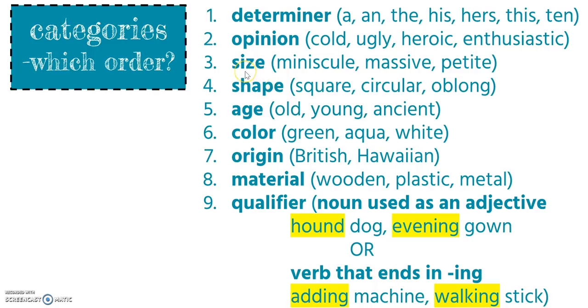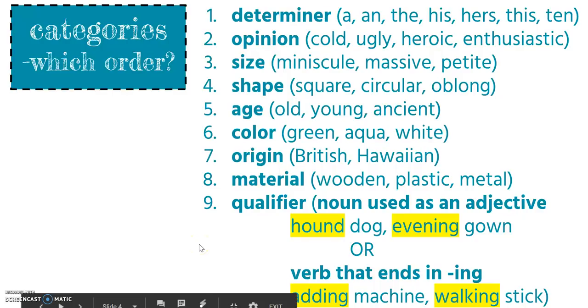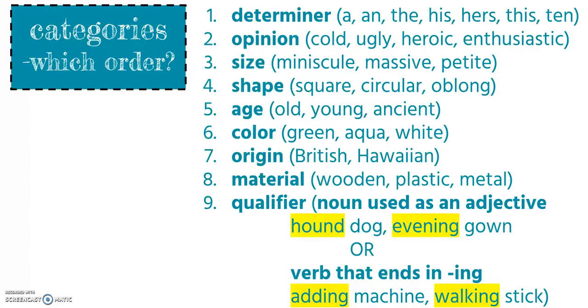We have words that describe size, shape, the age of something, the color of something, the origin of where it came from, what material it's made from, and then we have these things called qualifiers. A qualifier is a noun that's used as an adjective, and I know that we've come across a lot of these this year, and I always say, oh, it's just an adjective, and it falls into this category. Same with a verb that ends in ing.